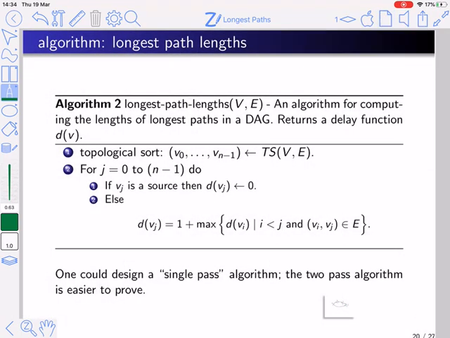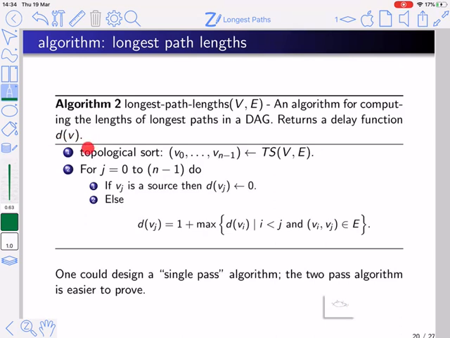How would a general algorithm for computing longest path lengths in a DAG work? So assume that the graph V, E is a directed acyclic graph. Our goal is to compute the delay function d of V for every vertex in the graph. How does the algorithm proceed?